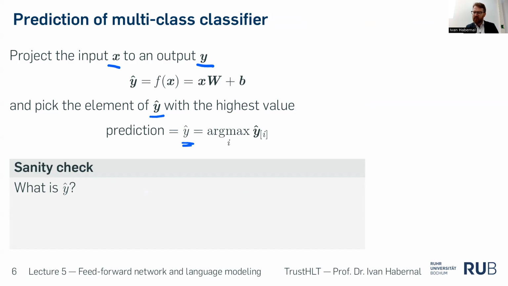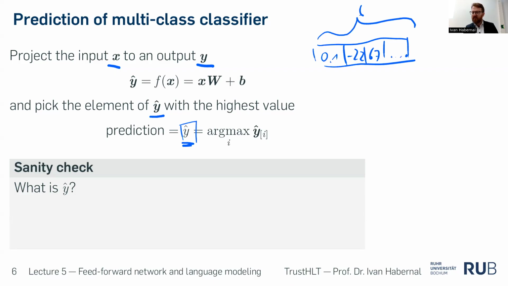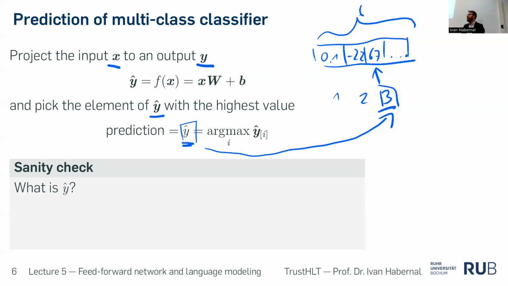If we take the maximum argument of these vectors, so let's say we project it into a vector of 0.1, minus 22, 67, and so on, of length 6, and the maximum is maybe this one, at position 1, 2, and 3, then we would say this is the position of the highest value in the vector.